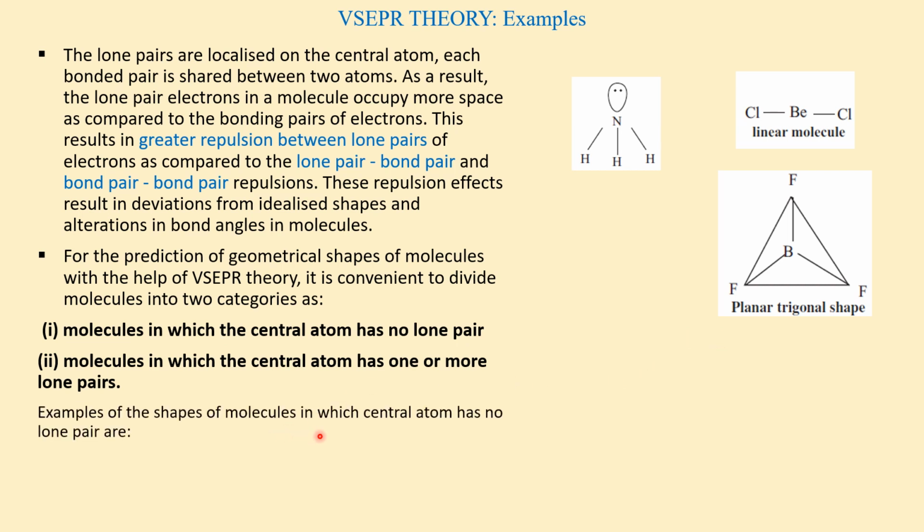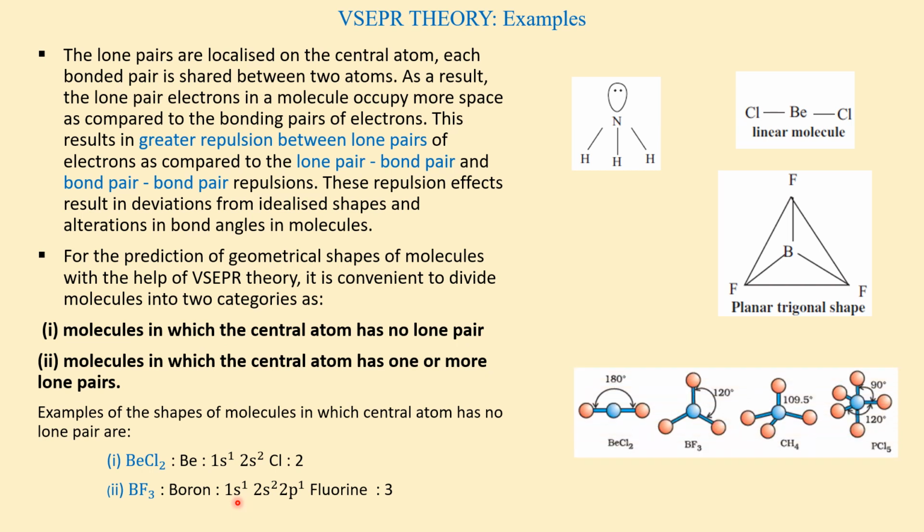Examples of shapes of molecules in which the central atom has no lone pair are BeCl2, which is shown on the screen, where the electronic configuration is 1s2, 2s2, and for Cl it is 2. Another example is BF3 shown on the screen, where the electronic configuration is 1s2, 2s2, 2p1, and there are 3 fluorine atoms.